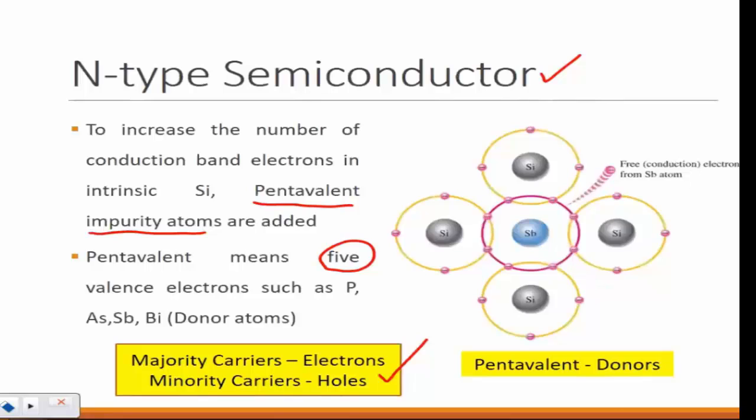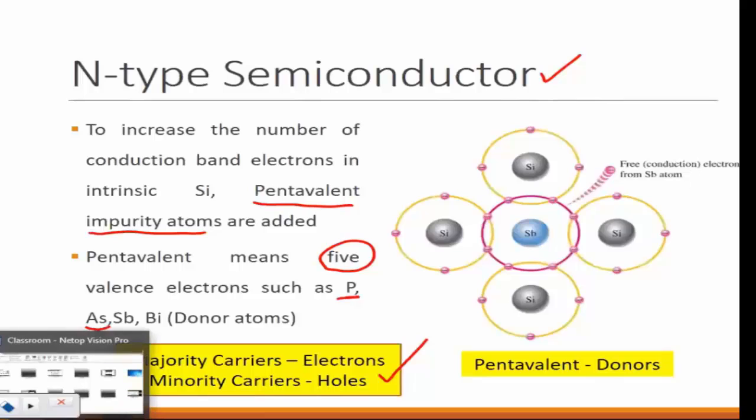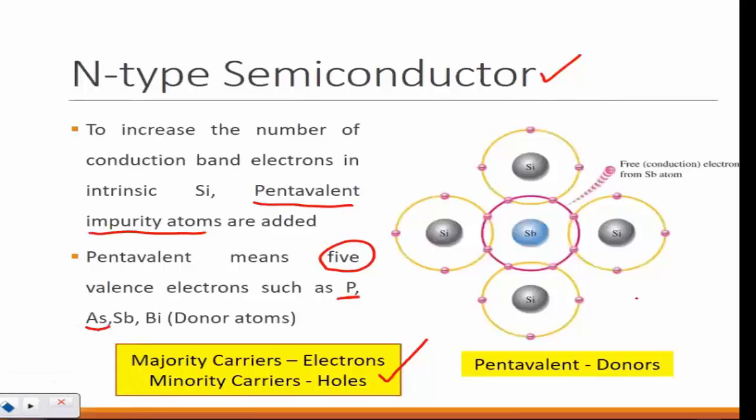Sb is for antimony. That's the material name of it. Of course, you can take phosphorus. Arsenic too. So any material that has 5 electrons in its valence shell. Remember that the valence shell is the outermost shell.